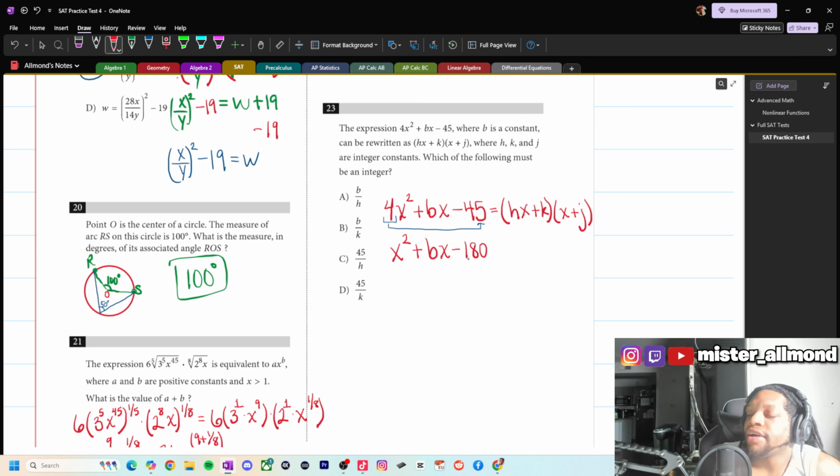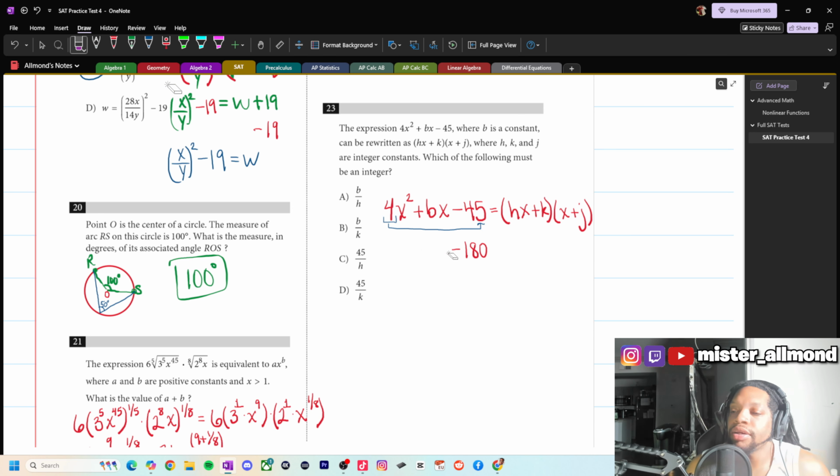And then if I factor that, see, that's the thing. If I factor this without knowing what b is, well, actually, I don't think I'm gonna do it this way.